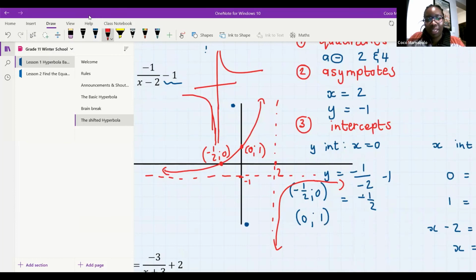So it comes from here and it curves and gets as close to our asymptote as possible, but it never actually touches. The same with our x asymptote. It just keeps getting closer and closer, but it doesn't touch. So it has to curve at a point as it goes further away. The curve will always be getting closer and closer to the asymptote, but never really touching, because at that point both of them will be undefined. I hope that answers your question.